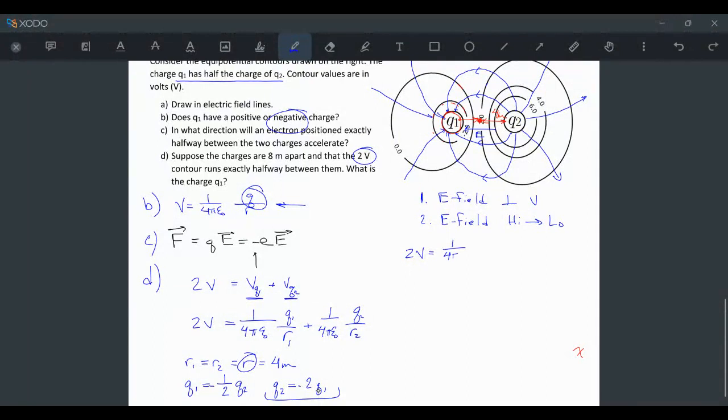We can even factor the 4 pi epsilon naught out. Q1 is still Q1, it's divided by R now. And we have a minus that we've picked up, and Q2 becomes 2Q1 divided by R. So let's factor a little bit more.